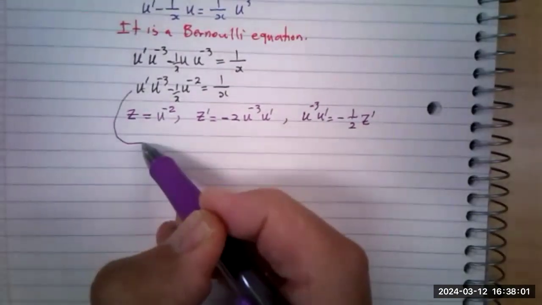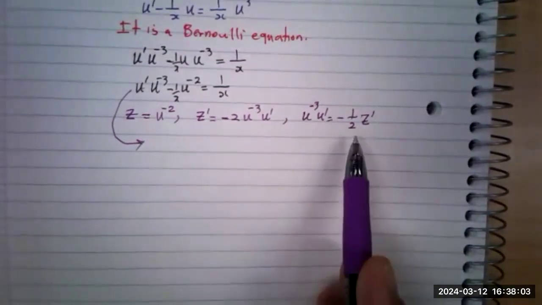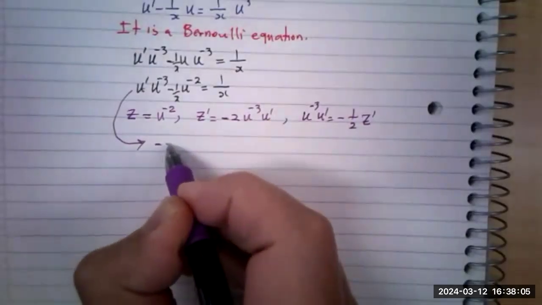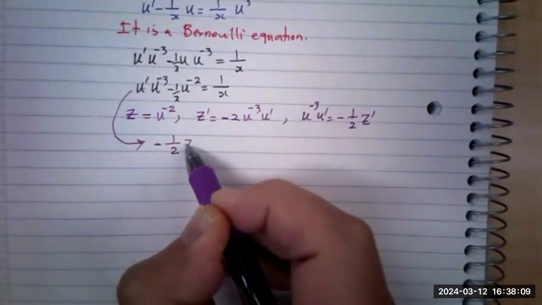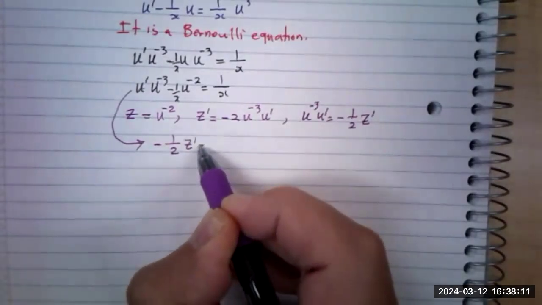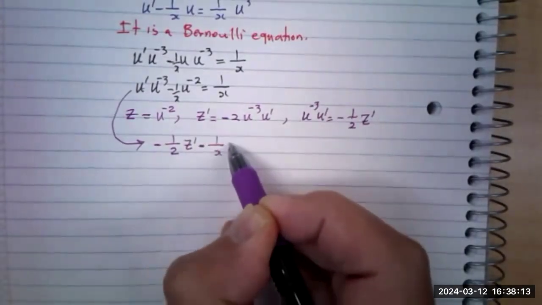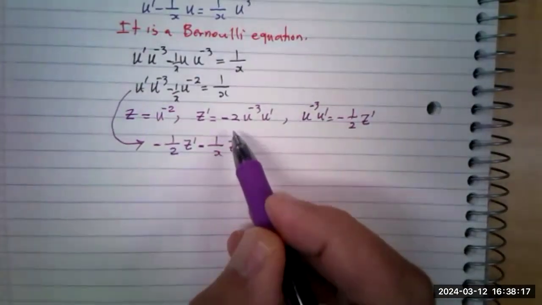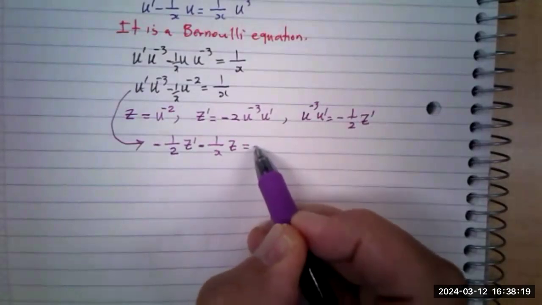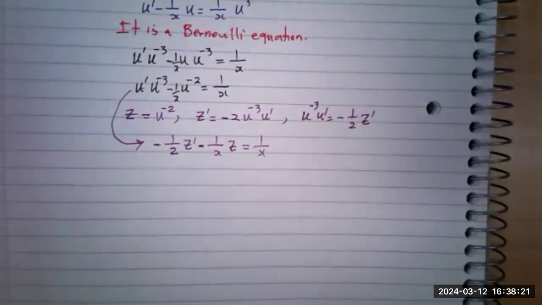So we continue with this one. Over here we have a -1/2 of the z prime, and then you have a -1 over x of the z, and over there you have 1 over x.